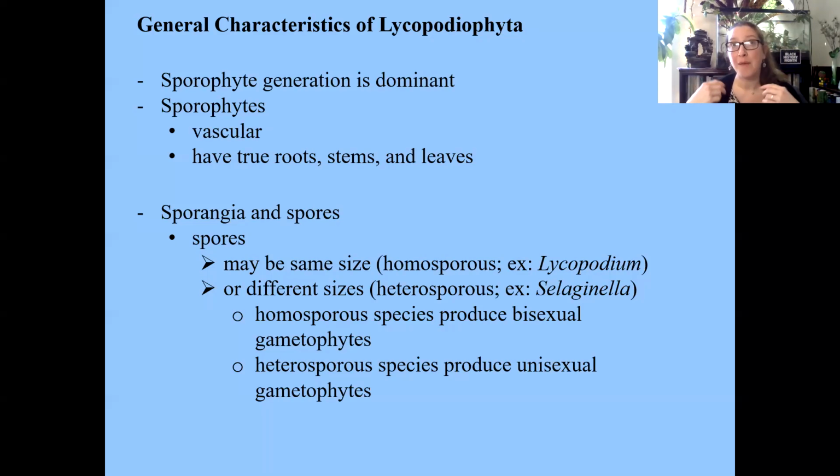That means that on one single plant, there will be spores produced that are different from each other, different sizes and different contents inside as well. We'll talk about that as we go forward today.